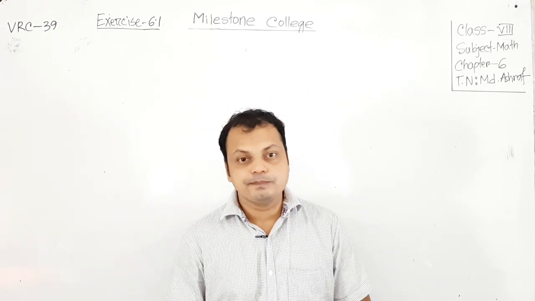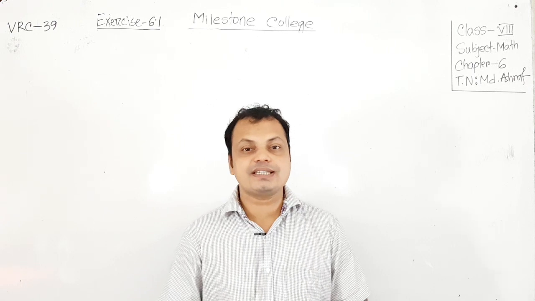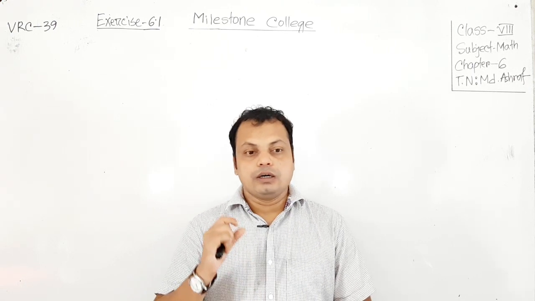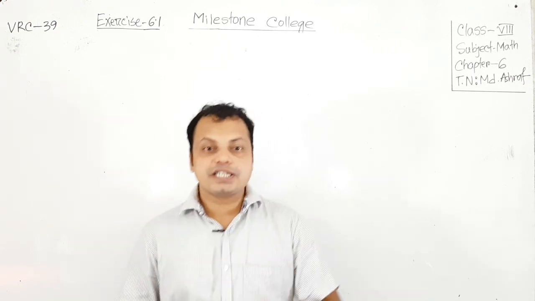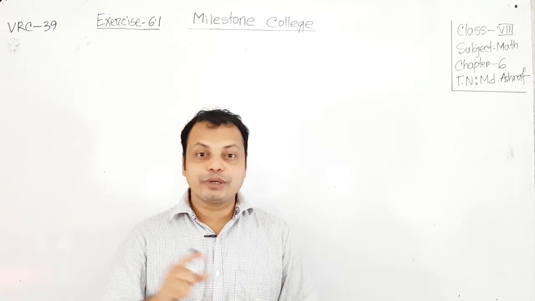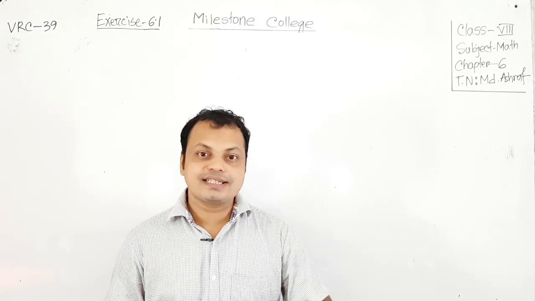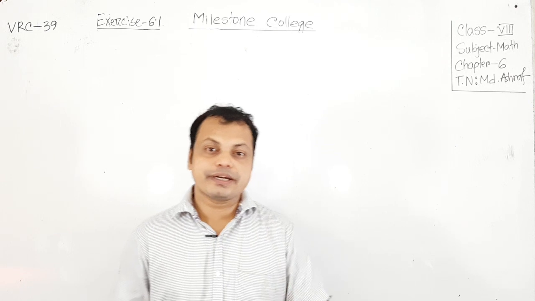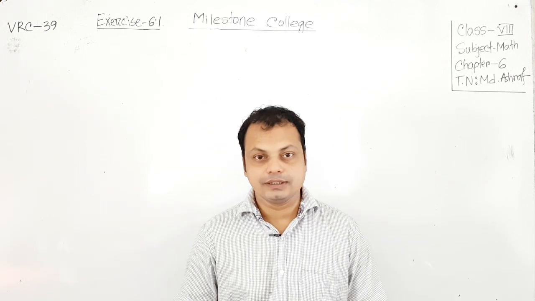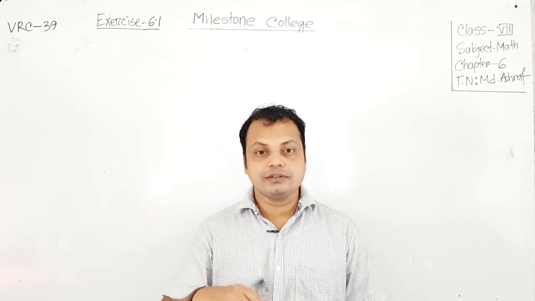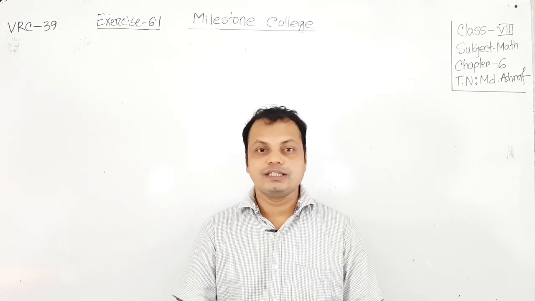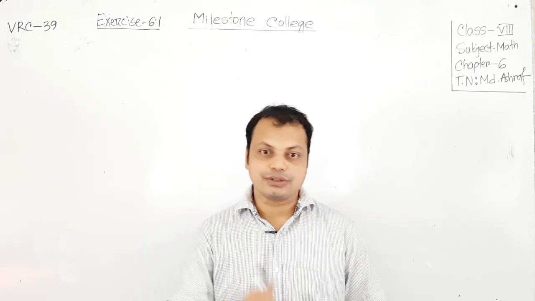What does it mean? Same set of variables. That means if in the first equation we get the variables x and y, then in the second equation we also get the variables x and y.